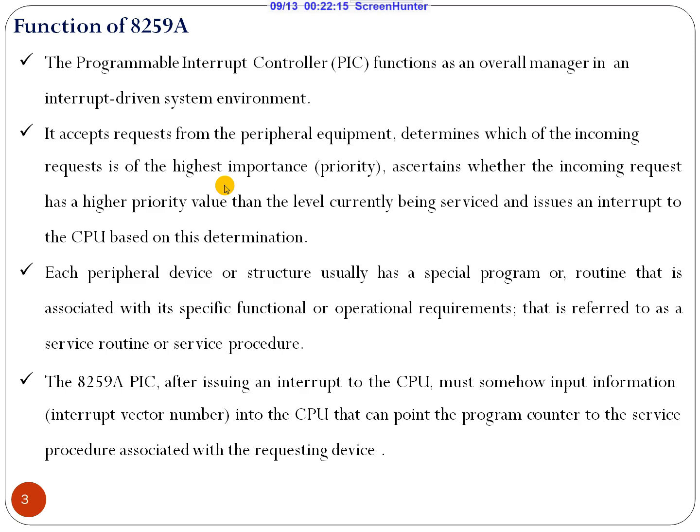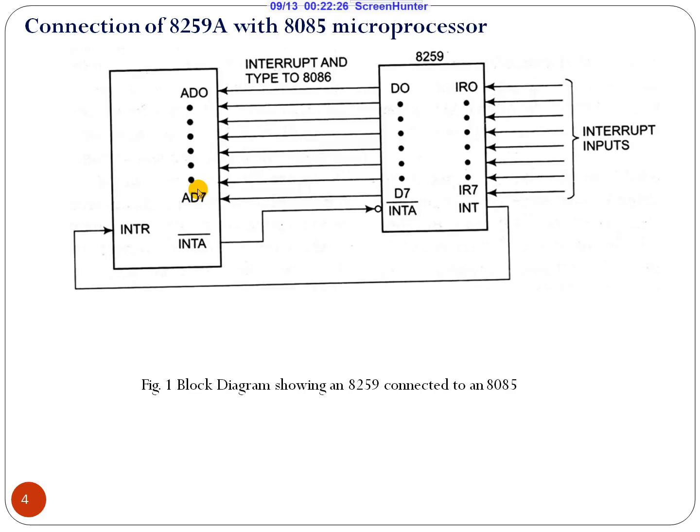The vector interrupt numbers may also be fed into the CPU. After an interrupt is issued, the 8259 gives access to that particular interrupt service routine through the CPU. This is the function of the 8259.